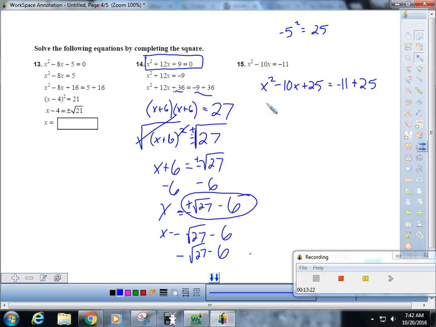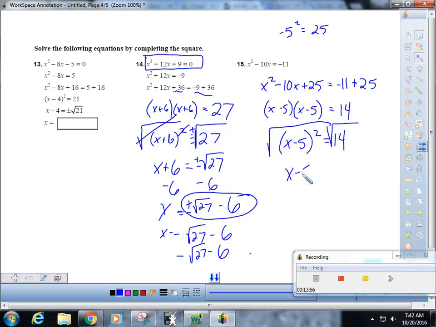Now, this thing over here is x squared minus 10x plus 25. Somebody factor that for me. X minus 5 times x minus 5, thank you. On the right side, you get a 14. So then x minus 5 squared is 14. Next step, square root both sides.